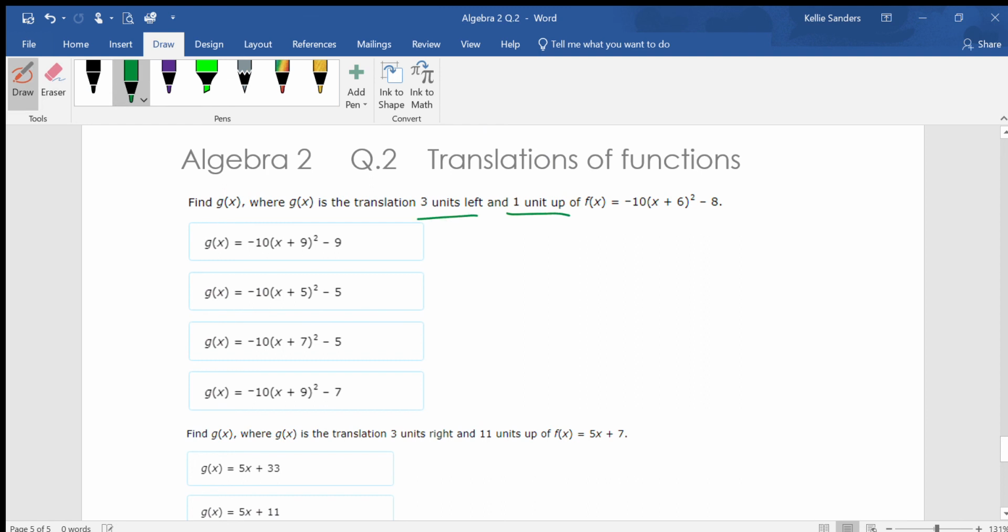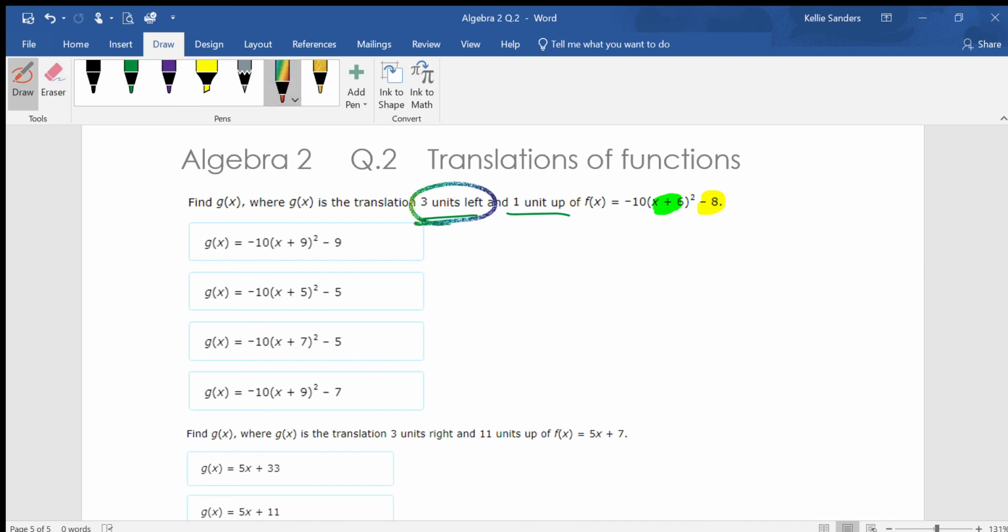Three to the left, 1 up. Left, up. So the negative 10 isn't going to change. Well, wait. Sorry. My bad. So what I'm going to do, what's 3 to the left?